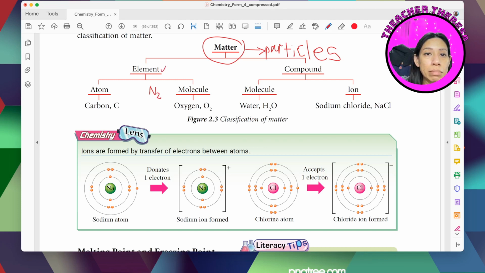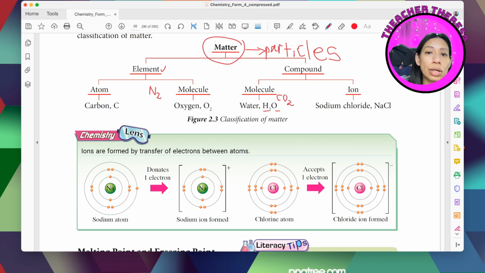So element means it consists of the same atom. All right. Now, of course, compound have molecules, but the only difference between compound molecules and element molecule is that a compound molecule consists of a molecule that is made up of two or more atoms which are different atoms. Like you have water as an example, then you have carbon dioxide.